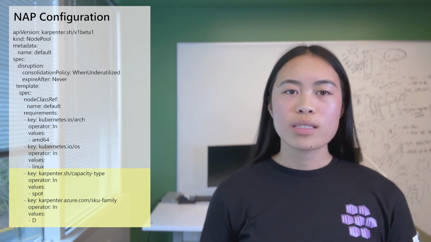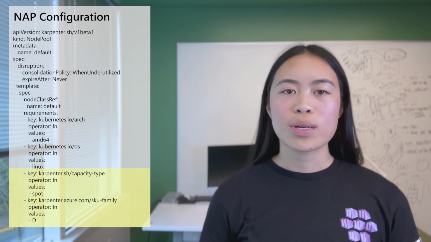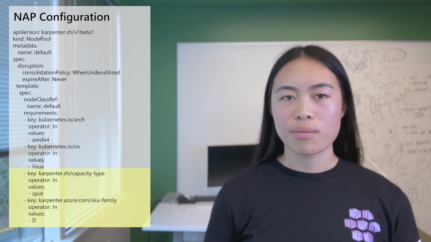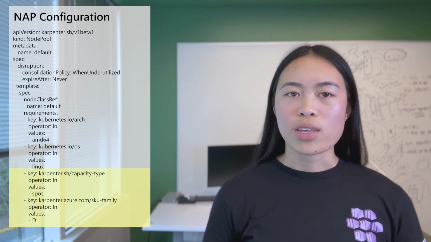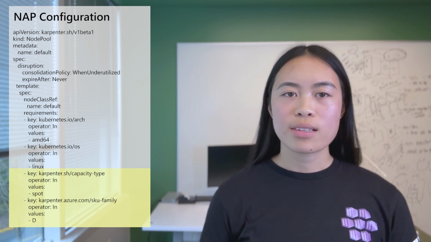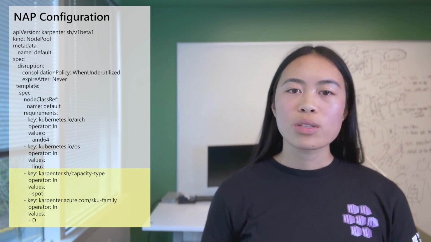You can control what SKUs you want in the initial pool by specifying this in a node pool definition. If you have specific VM SKUs that are reserved instances, you can use NAP to only pick those SKUs as the starting pool. There are many other SKU selectors that you can also specify in your node pool definition, such as capacity type, SKU family, on-demand or spot, CPU architecture, and many others.